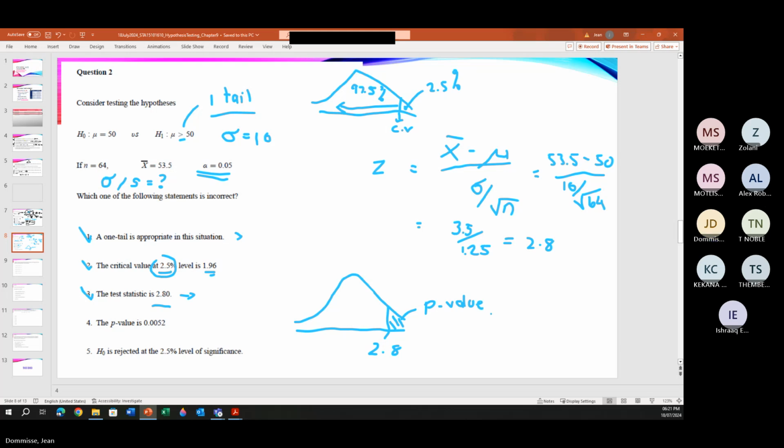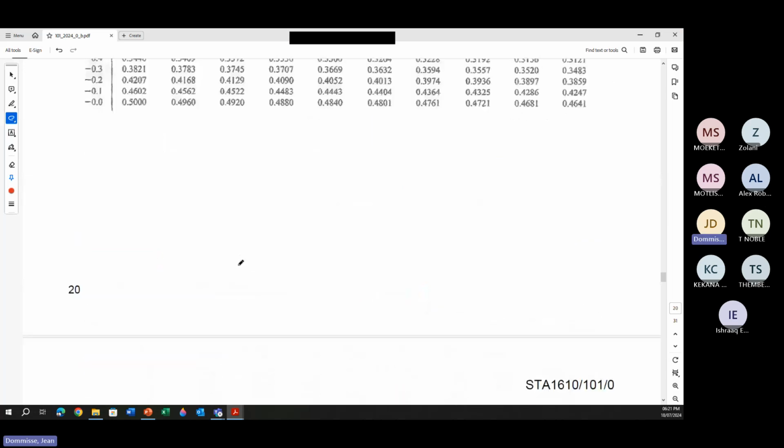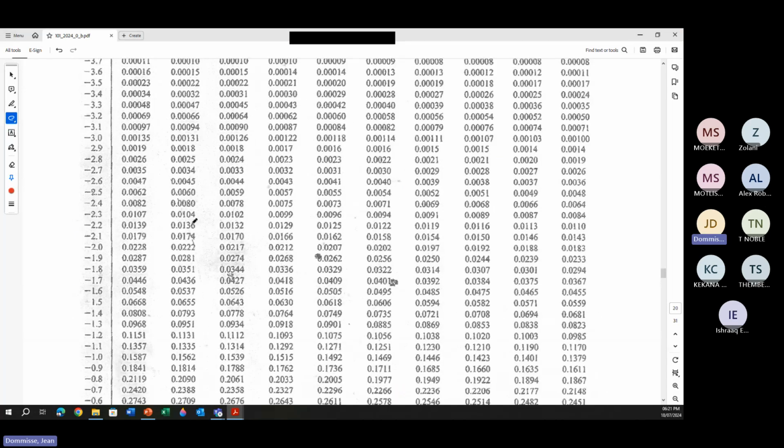So again, we can go to the Z table, where we look at Z positive 2.8, like we did in study unit 7. But then we get this area, so then we need to say 1 minus, or we can go to the negative table of 2.8, and let's see what is our Z value there, 2.8.